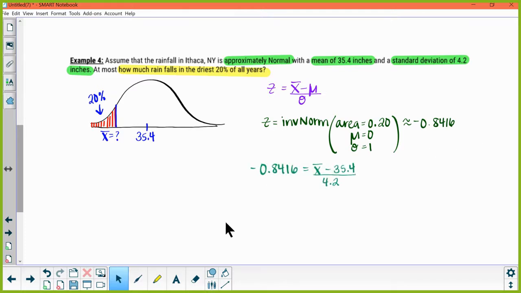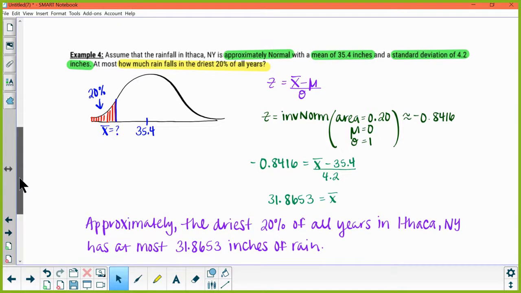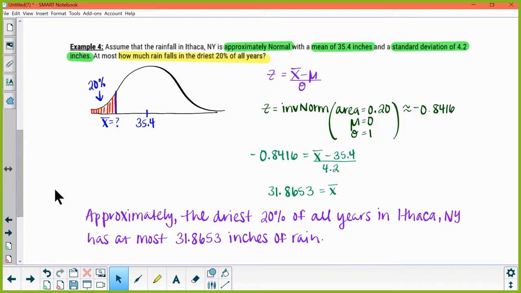Plug that into the formula. Do a little bit of algebra, multiply by 4.2, add 35.4, and I should get 31.8653. So approximately the driest 20% of all years in Ithaca, New York has at most 31.8653 inches of rain.